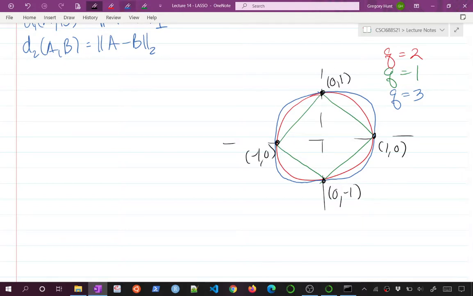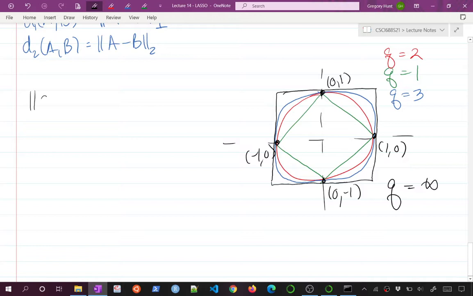And if so, I'm going to get this nesting, whereas if I go to larger q's, I get these more and more elongated ellipses. In the limit here, you could look at the square, which is going to encompass all of these. So something like that. That's basically when q is infinite.